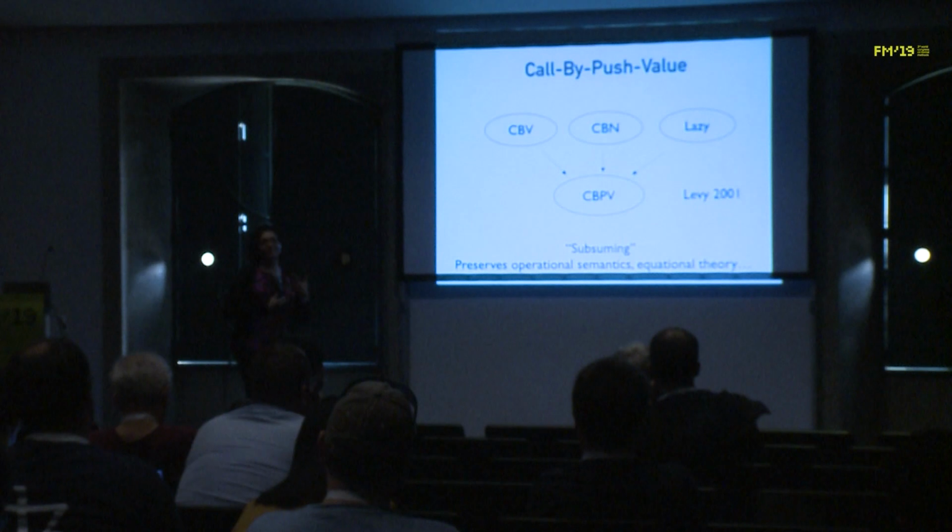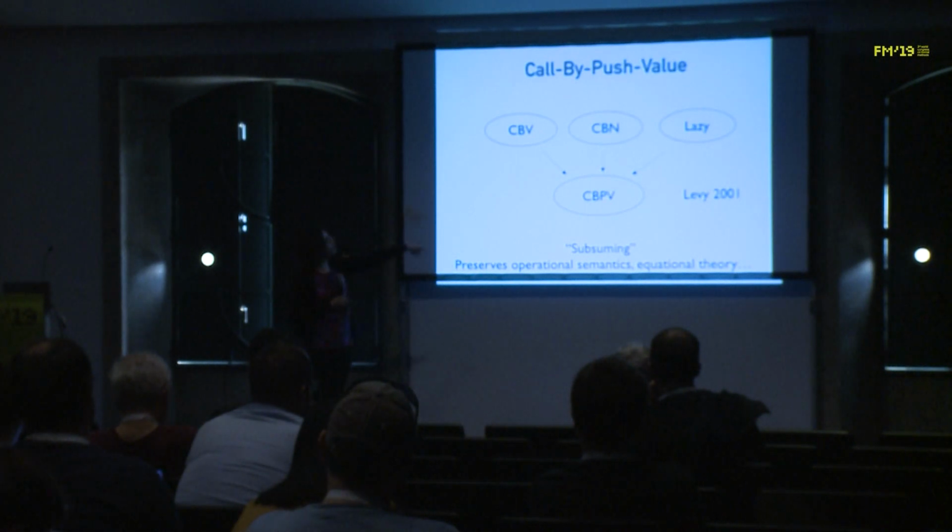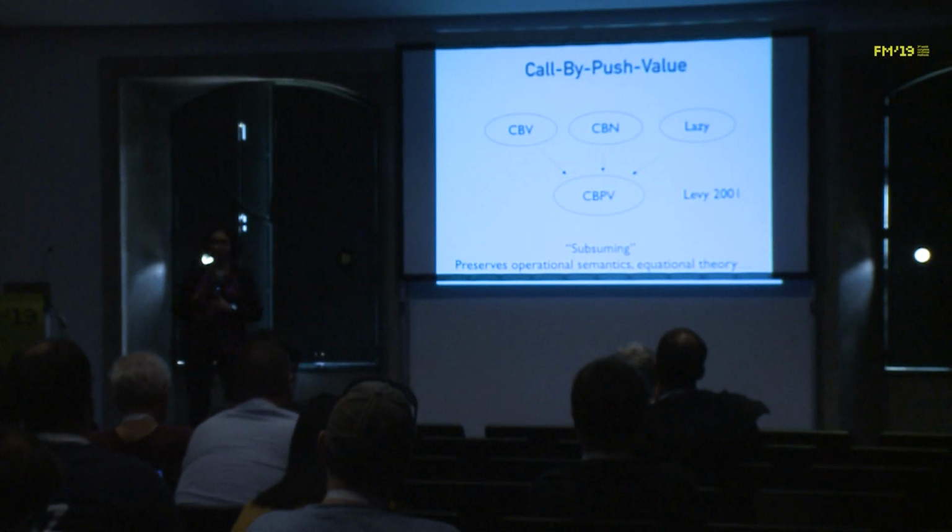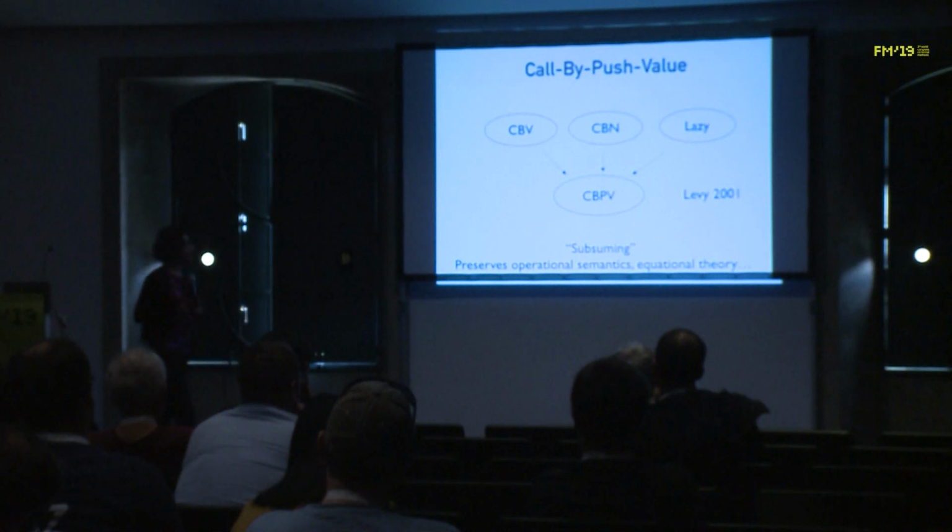So pretty much, most things can be translated down into call by push value, and you can reason about it there. So that's why GTT builds on top of this. Call by push value is a subsuming semantics. It preserves operational semantics from those top semantics up there, and it preserves equational theory. So it's already very nicely structured, is my point.